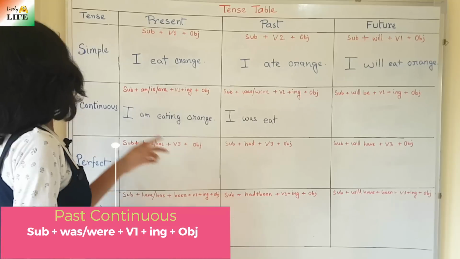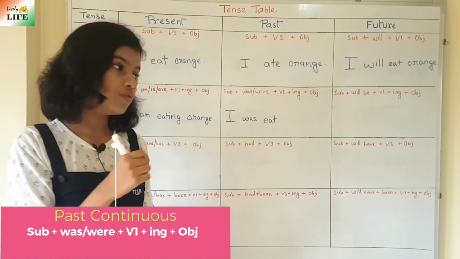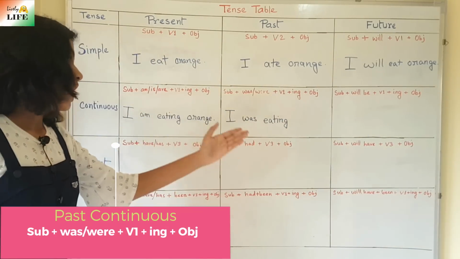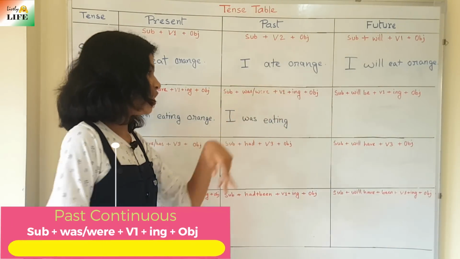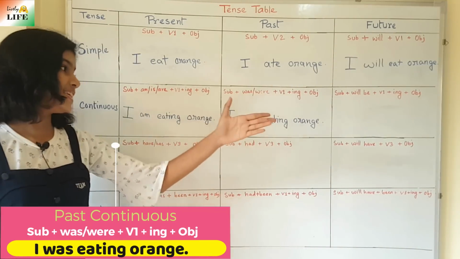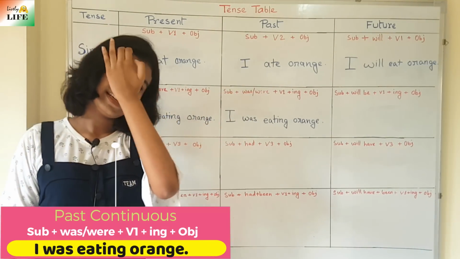As I said, in any continuous tense we are always going to use ing after the verb. So eating, I was eating, and then object. I was eating orange. So this sentence is in past continuous tense.